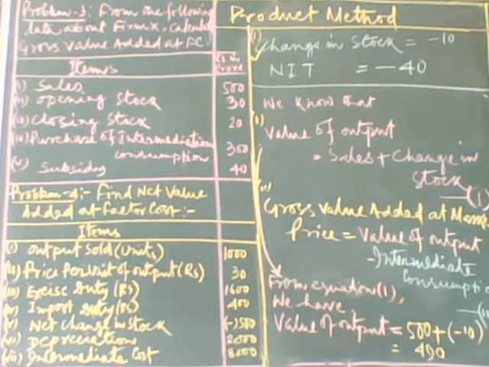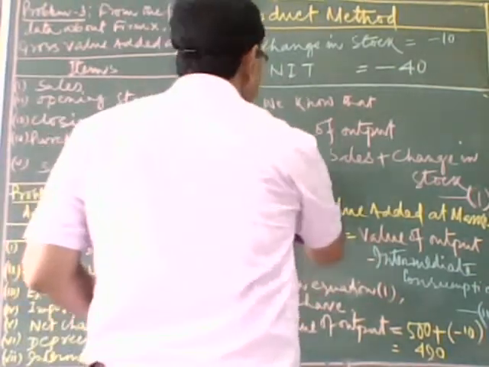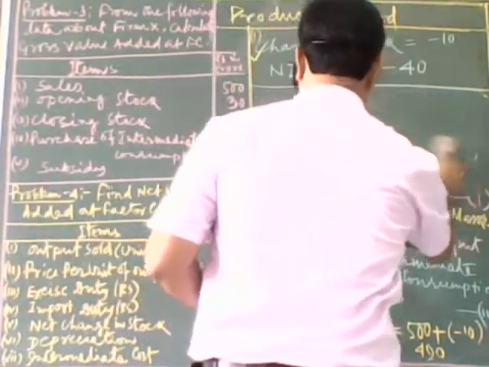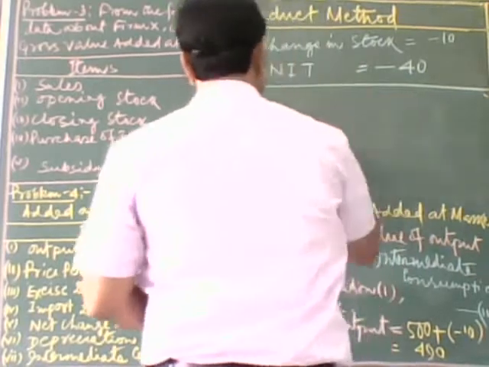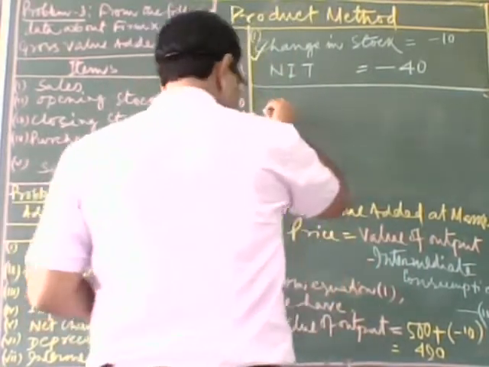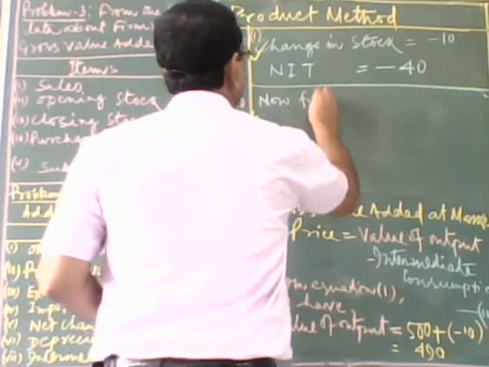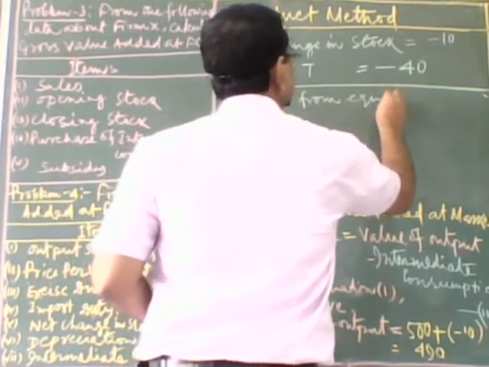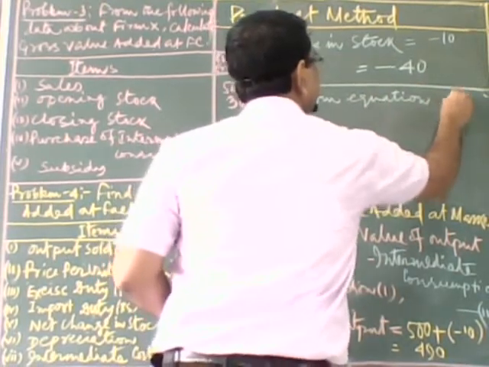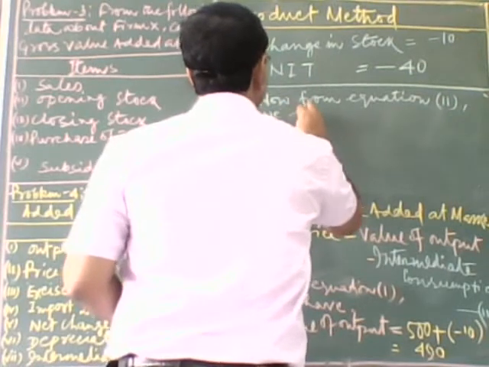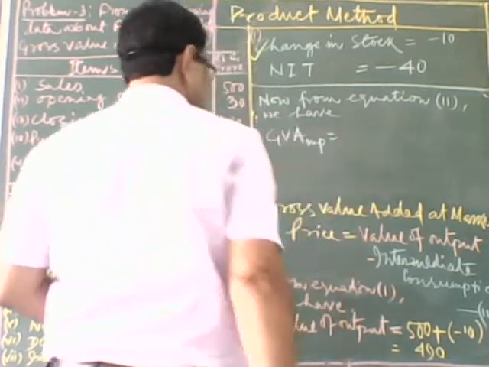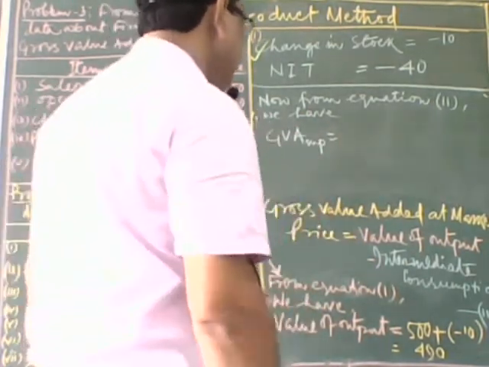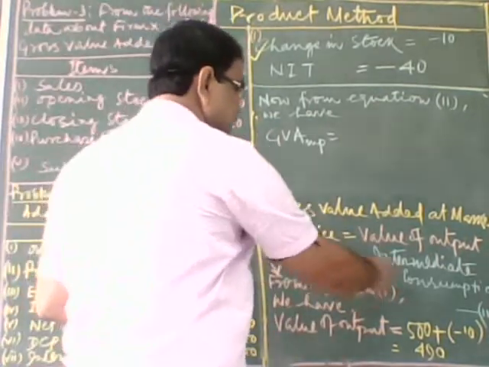Now, from equation 2 we have GVA at market price, that is gross value added at market price, is equal to value of output minus intermediate consumption.